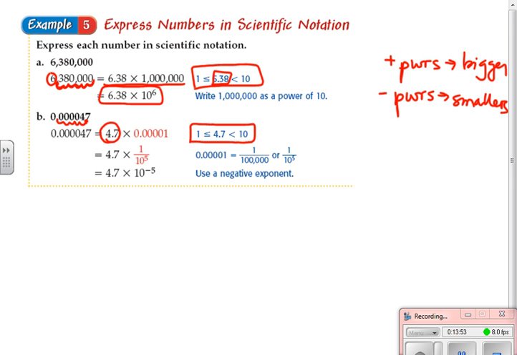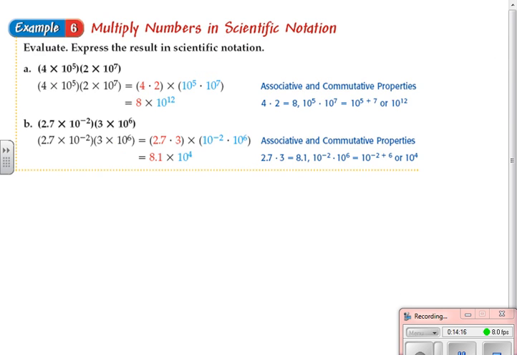So the 10,000th place, so 1 over 10,000, 1, 2, 3, 4, 5, and then that becomes 10 to the negative 5th, if you think about converting this to a negative exponent. And now I have a nice tight definition.